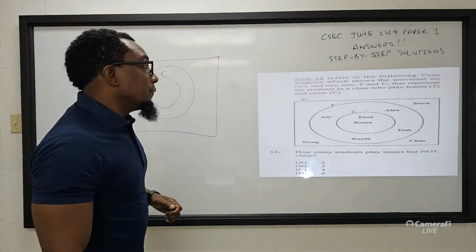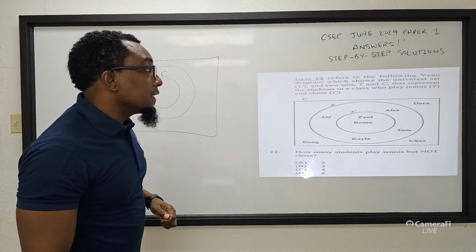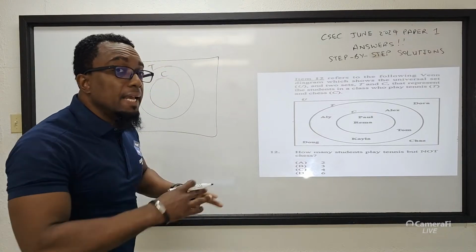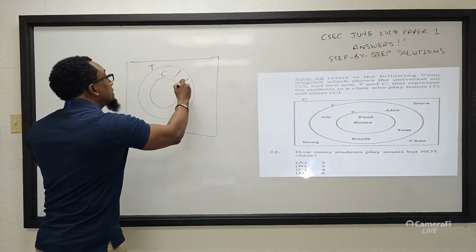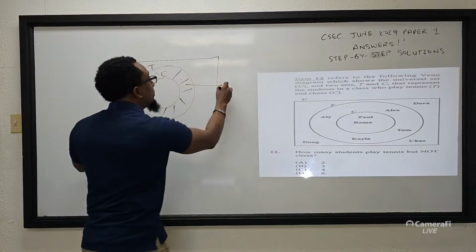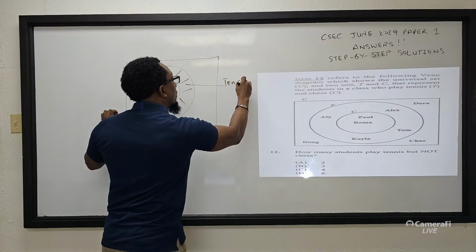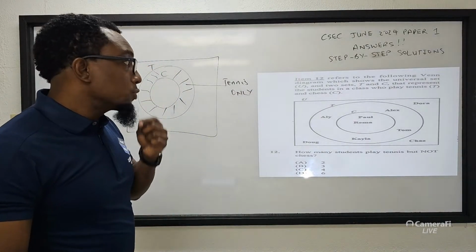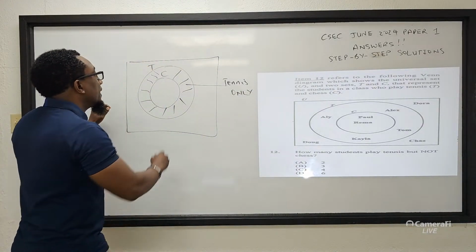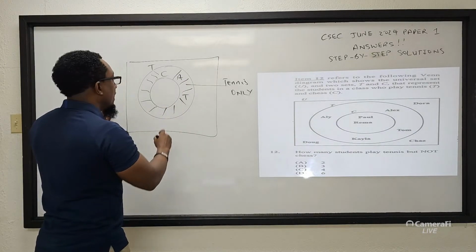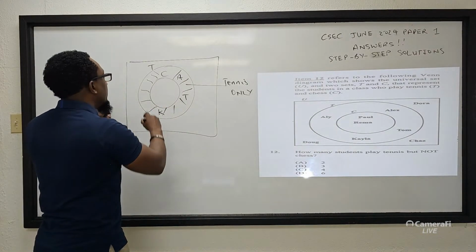If we are asked how many students play tennis but not chess, that simply represents students who play tennis only, which is represented by this region here. Students who play tennis only are Alex, Tom, Kayla, and Ali.